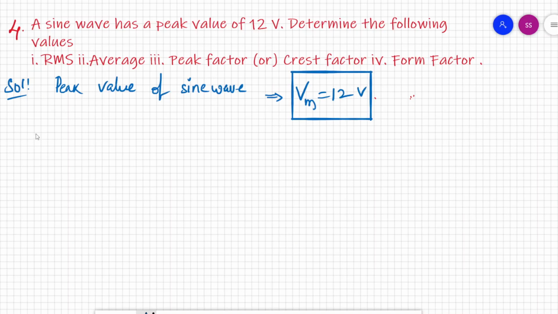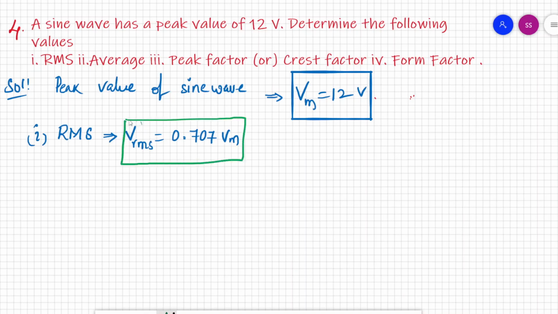So let us find first one, that is RMS value, root mean square value. So what is the root mean square value? That is VRMS is given as 0.707 into VM. So this is what we have derived in the earlier classes. Okay, so VRMS is nothing but 0.707 VM, also VM by root 2.